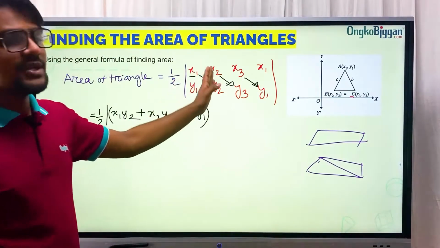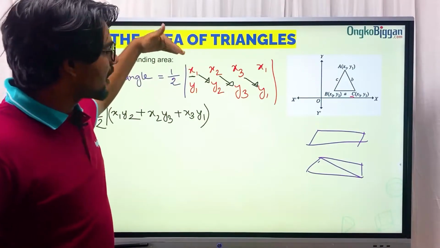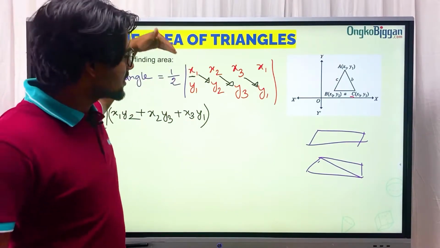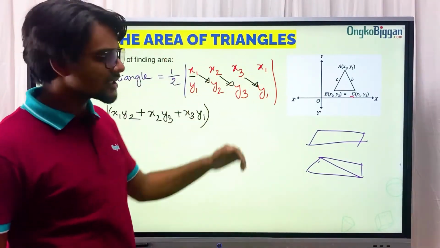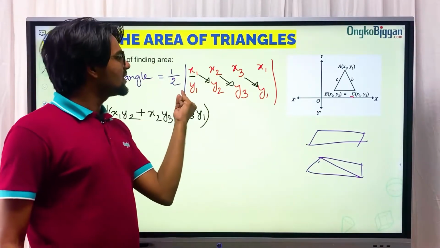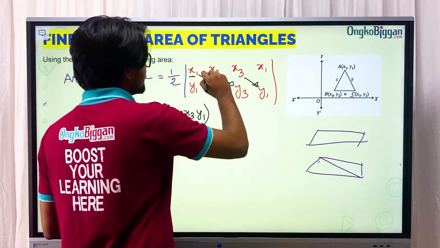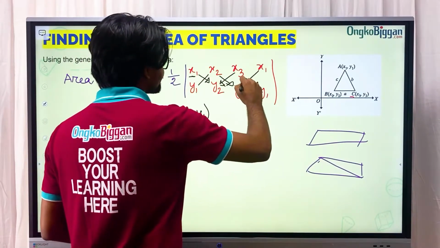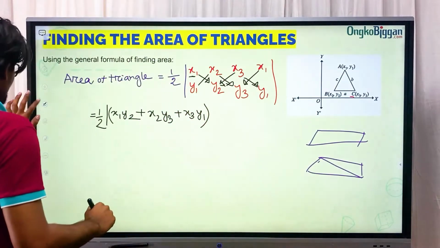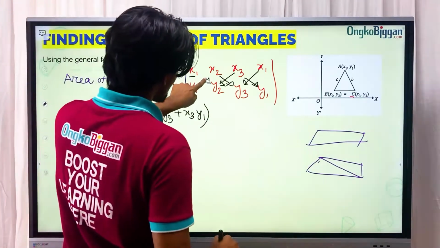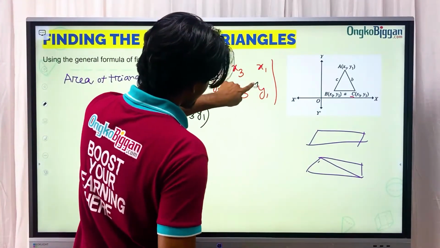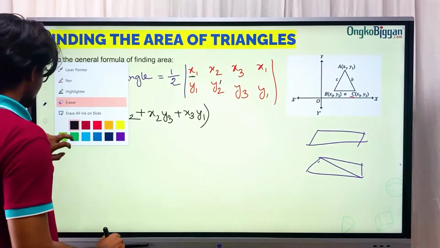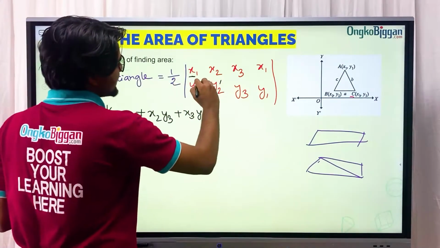Now that we have completed the diagonal multiplication in this direction, you're going to start doing this in the other direction.